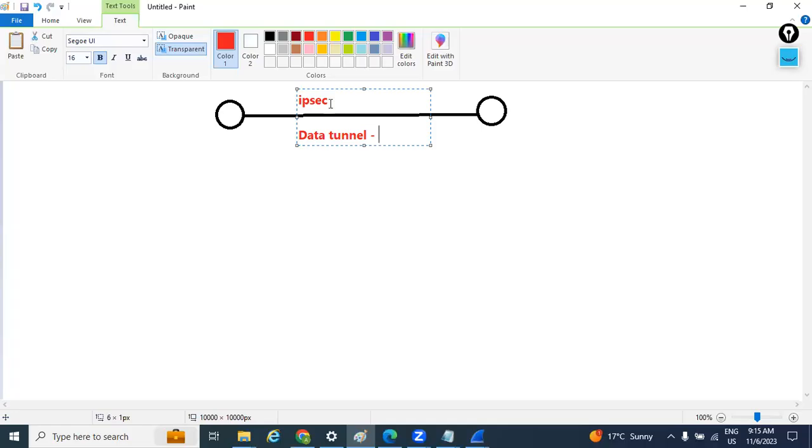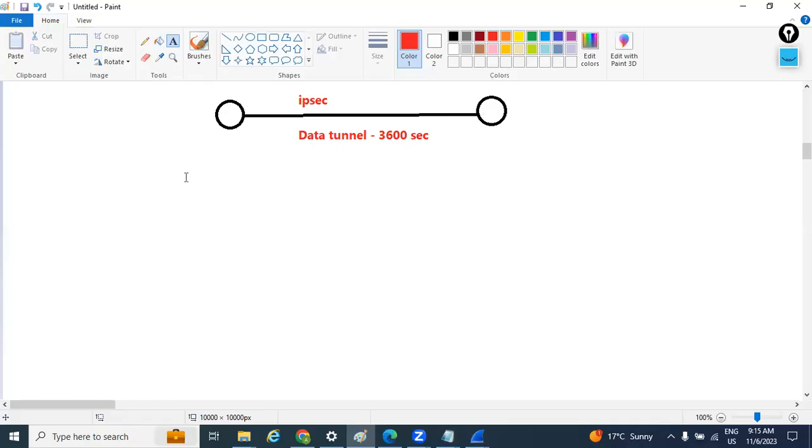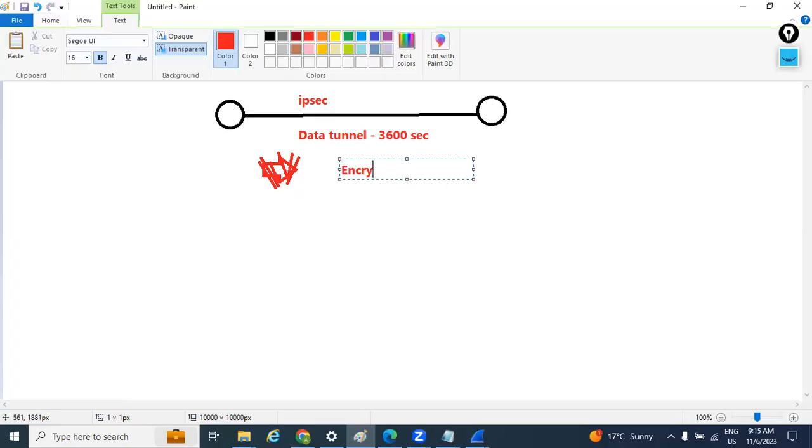Data tunnel is up for how long? Please tell me. It would be 3600 seconds, right? Let's consider right now I have exchanged some data. As you know, this data is always encrypted plus hashed.